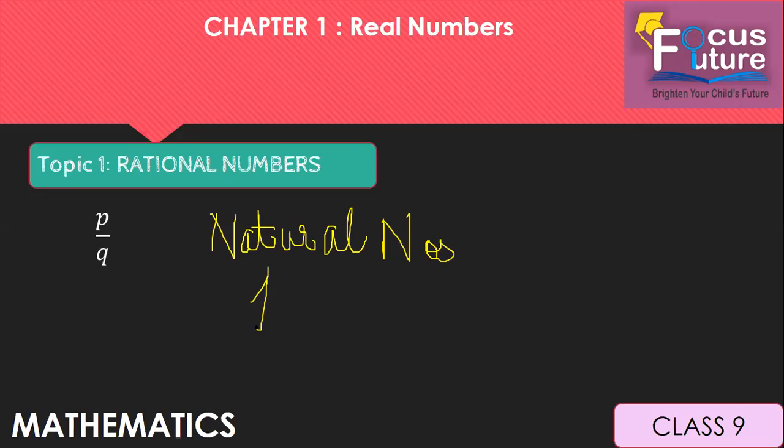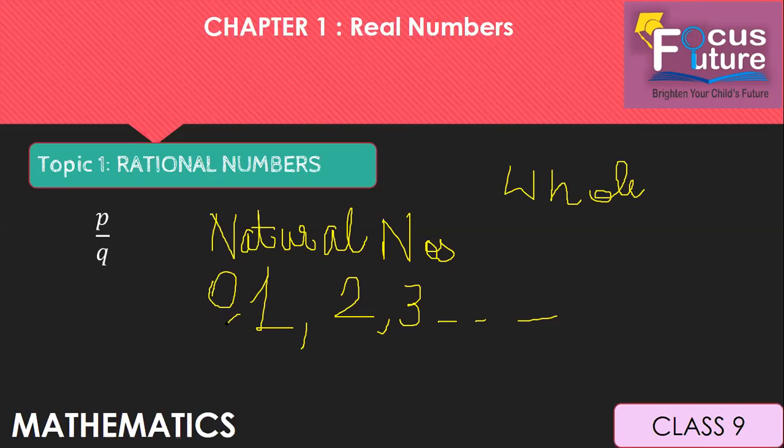The numbers starting from 1, then 2, then 3, and so on are called natural numbers. Next term is what are whole numbers? If I would be writing 0 before 1, so these are whole numbers. Whole numbers are starting from 0.